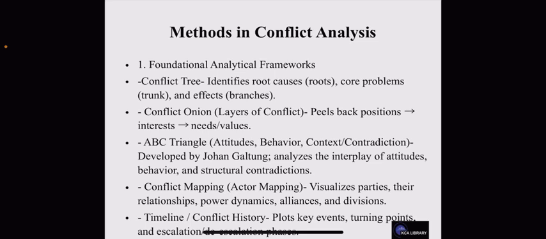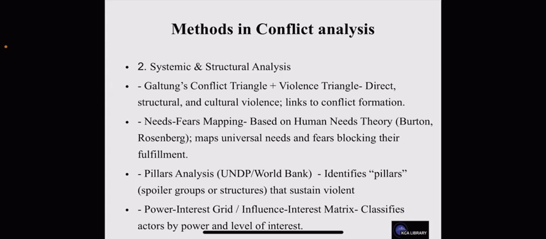It visualizes parties, their relationships, power dynamics, alliances, and divisions. So try to understand that too. Then the timeline or the conflict history. By doing this, the analyzer should plot key events, turning points, and the escalation phases, and the like.